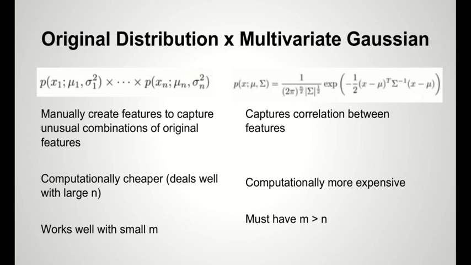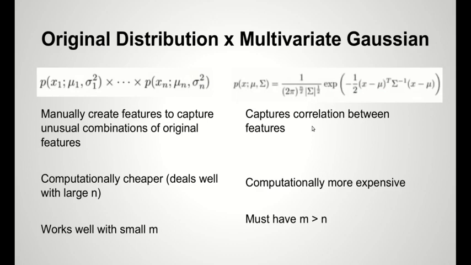So if we have a large number of features that we are collecting from our data, we'll have to consider this computational cost. And the original distribution works well with a small training set. So if we have small values of m, it will still perform okay.